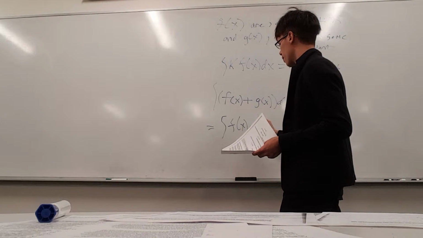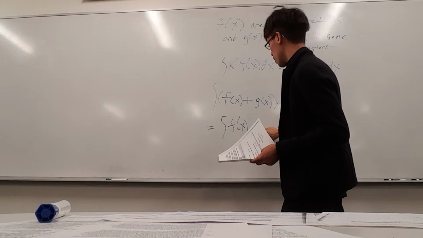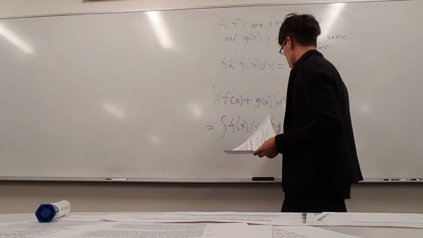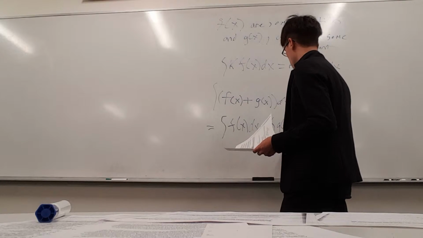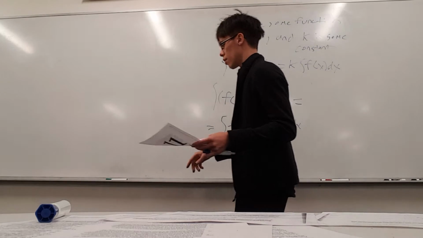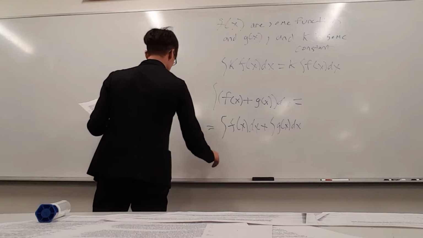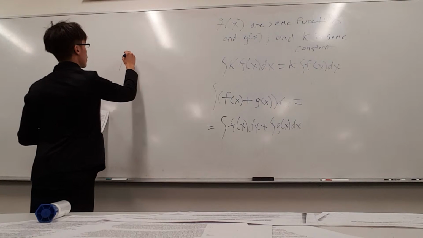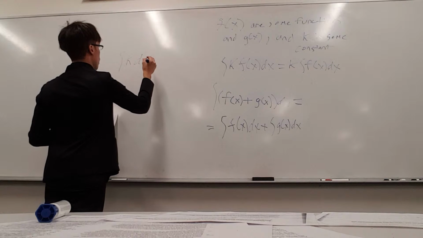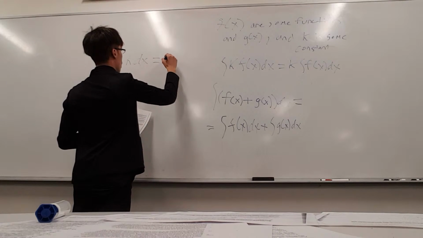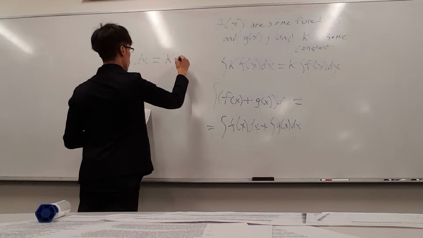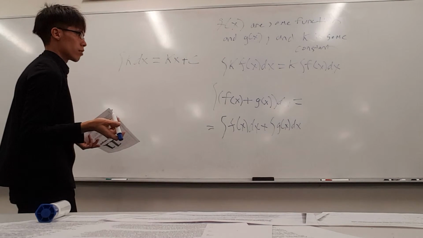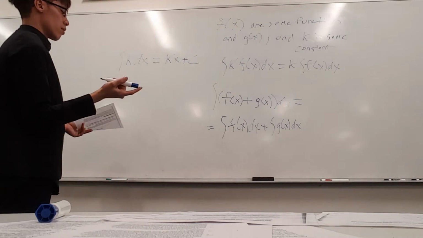I almost forgot the dx. And lastly, the integral of a constant is going to be the constant times x plus some other constant. Not the same constant, a different constant.